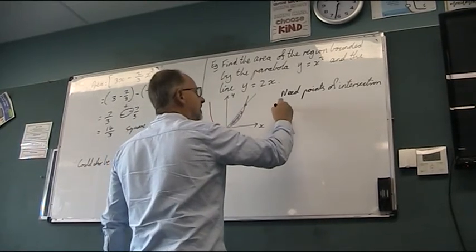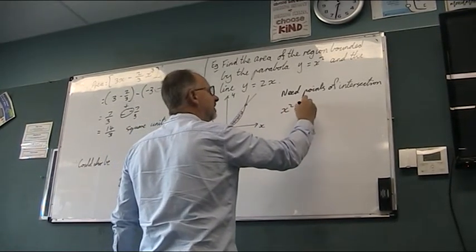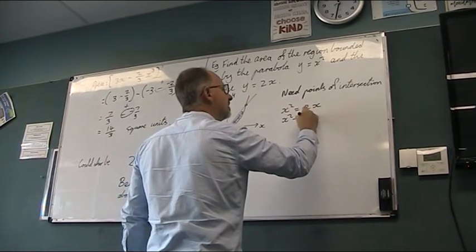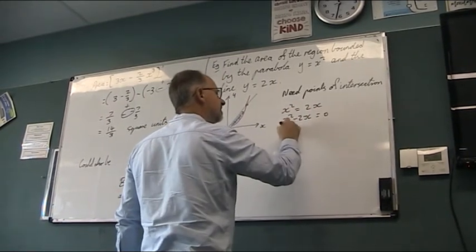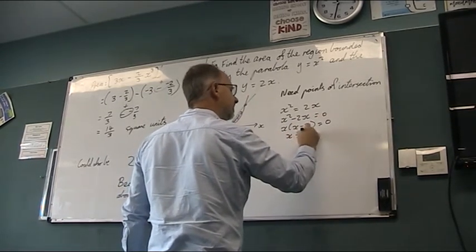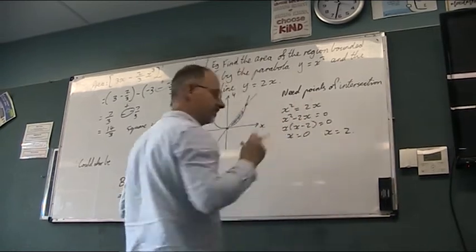That's when x squared is equal to 2x, so x squared minus 2x is equal to 0. So x is equal to 0 or x is equal to 2 is what we need.